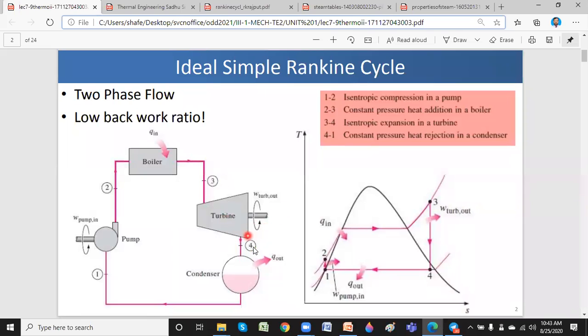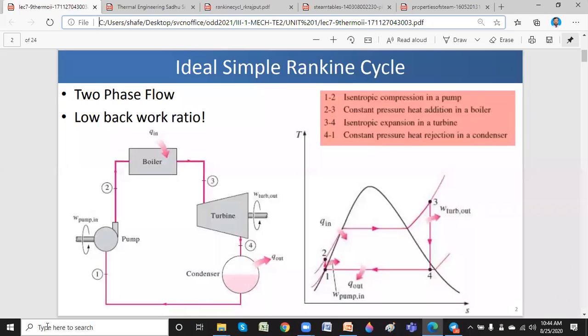After 3 to 4, the steam has given its energy to the turbine, and whatever left-out steam goes to the condenser. The condenser receives cooling water in the opposite direction, and that cooling water takes the heat from the left-out hot steam. That left-out steam is converted into hot water, ready for pumping.